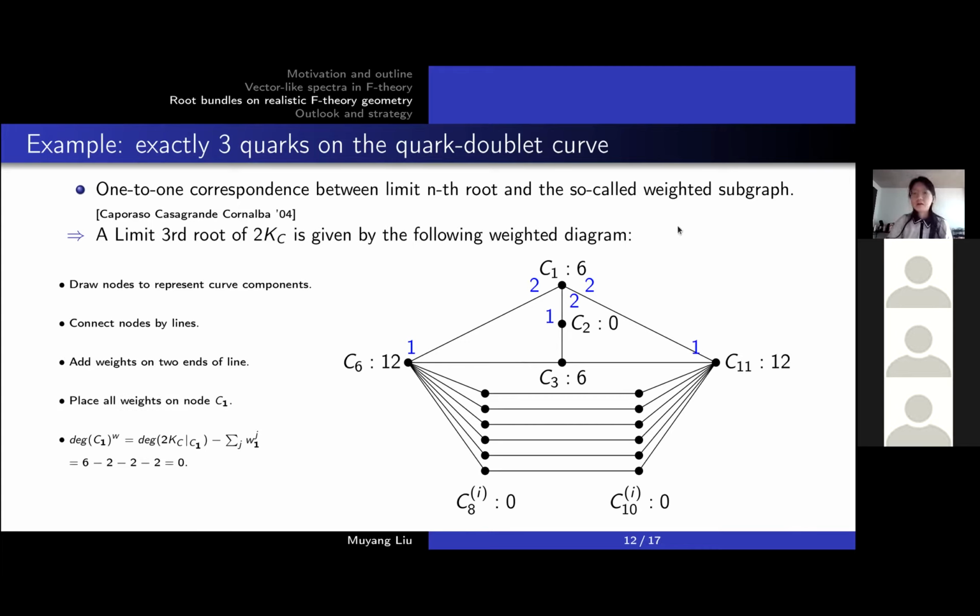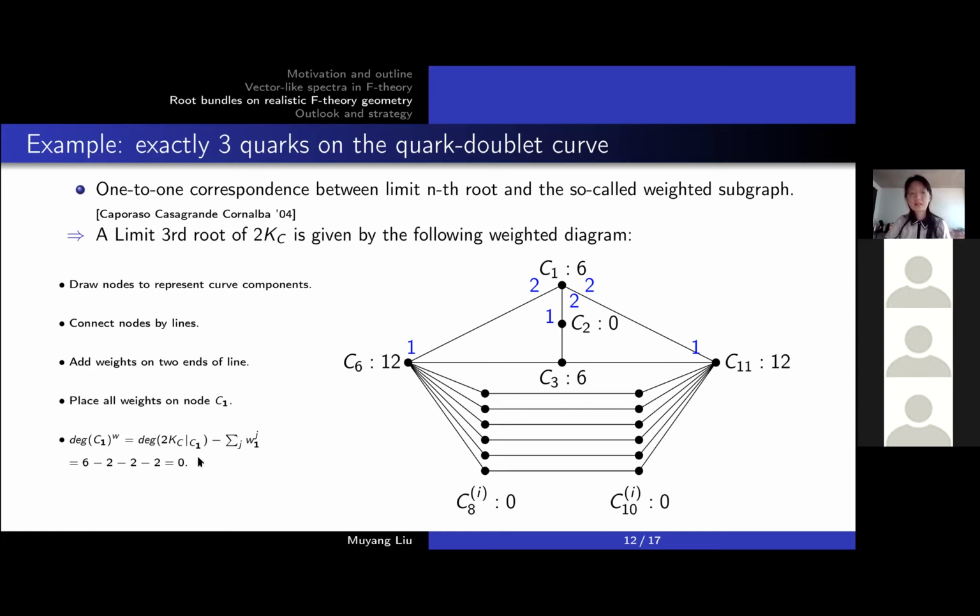Then, if we look at the particular curve component C1, I continue to put the rest of the weights on it, such that after putting all weights, the degree on C1 is decreased. It is the original degree minus the summation of the weights I put here.